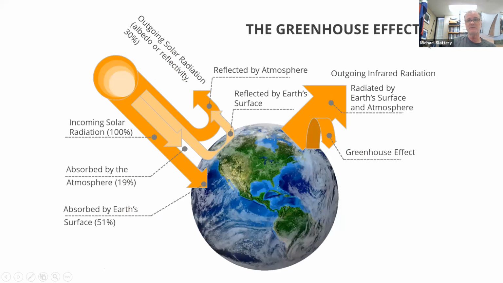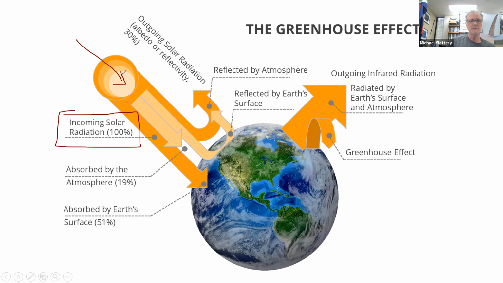So this is my attempt to summarize the greenhouse effect. Let's just look at the left-hand side here. We're going to take these as percentages, not actual individual units. So let's say we've got 100% of the sunlight coming in, 100% of incoming solar radiation, on average for the planet.